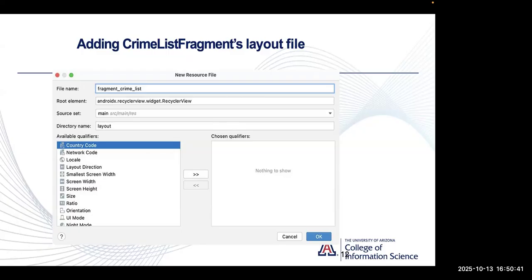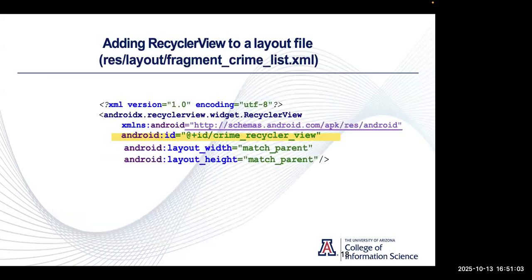But if I'm not mistaken, it already creates it for us when we are doing the list fragment when we're adding this in our code. Okay, so you might have to skip this step because it already does it for you. But if it doesn't, I'll show you how to do that with the new resource file. Okay.